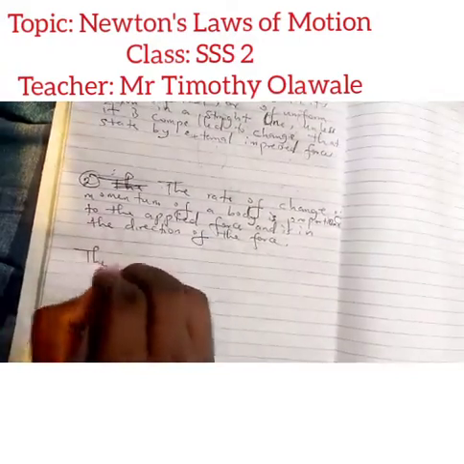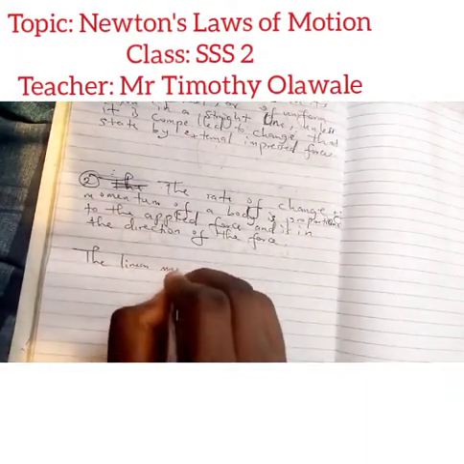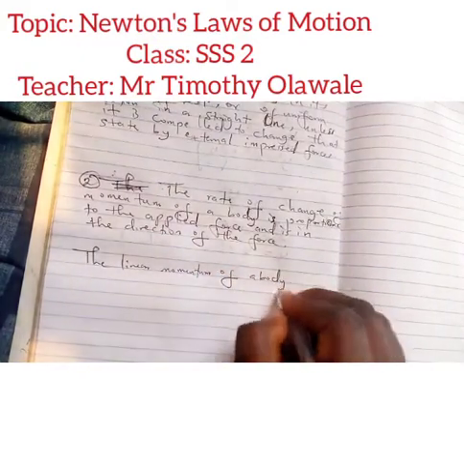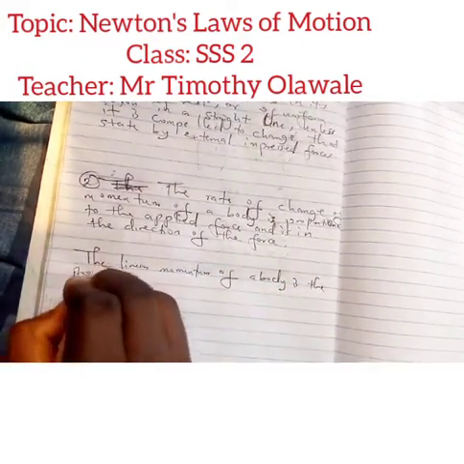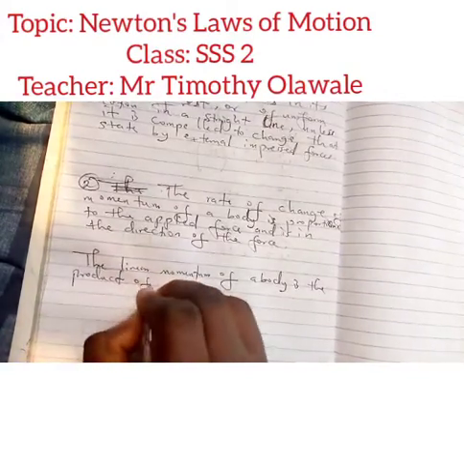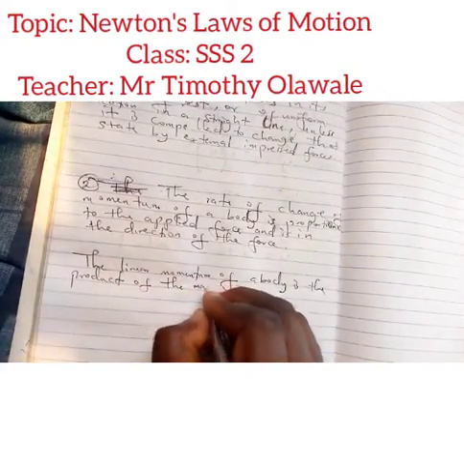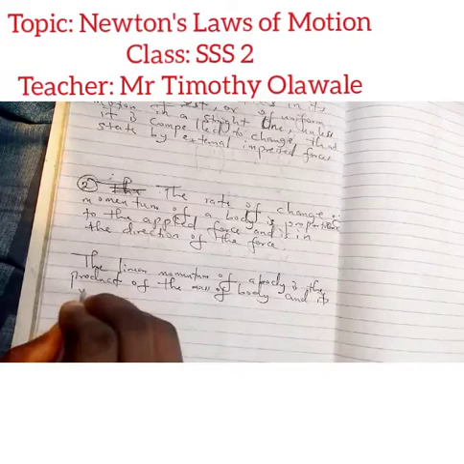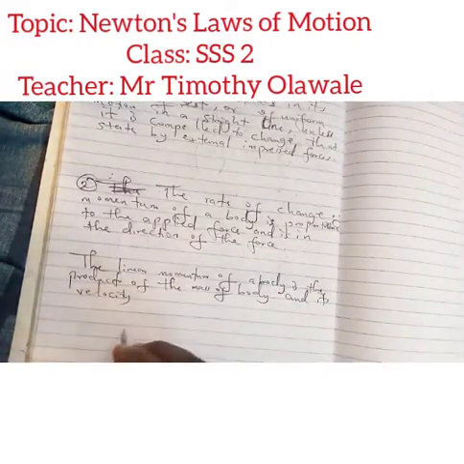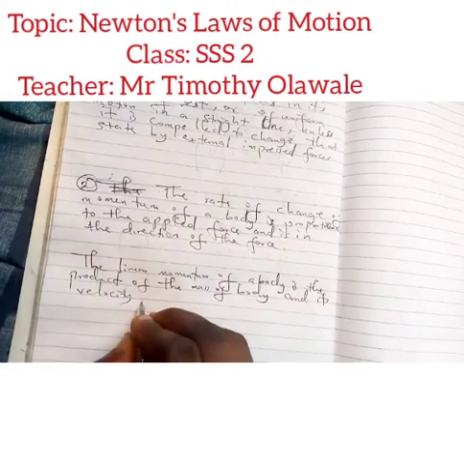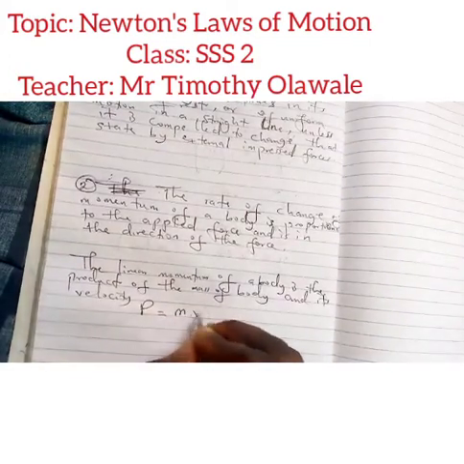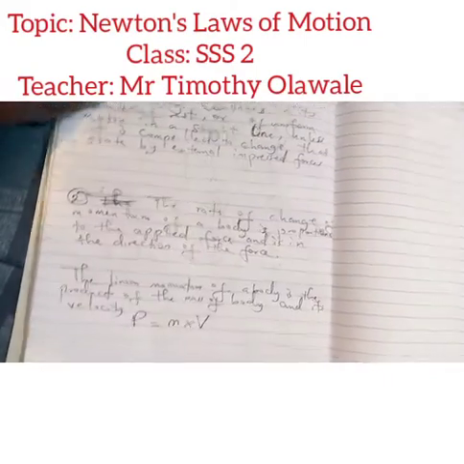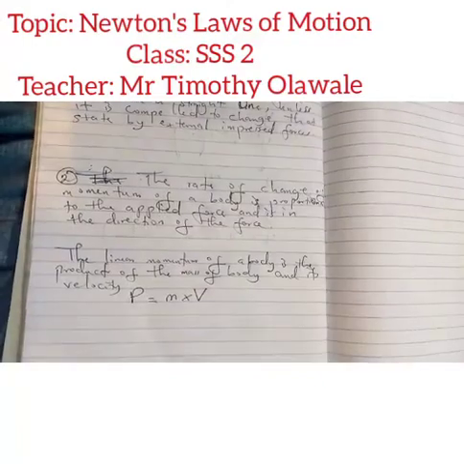The linear momentum of a body is the product of the mass of the body and its velocity. So something like this: momentum P equals M times V. Did you get that? The linear momentum of a body is the product of the mass of the body and its velocity. Can we move on?